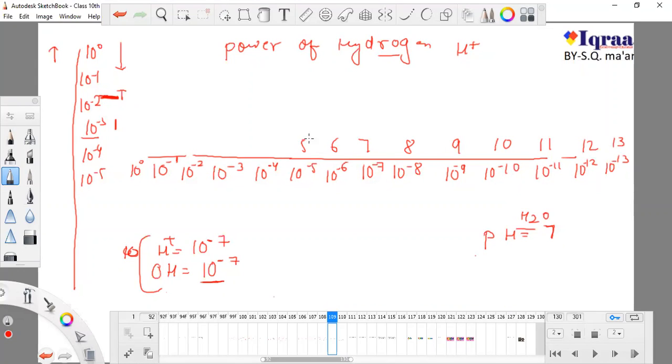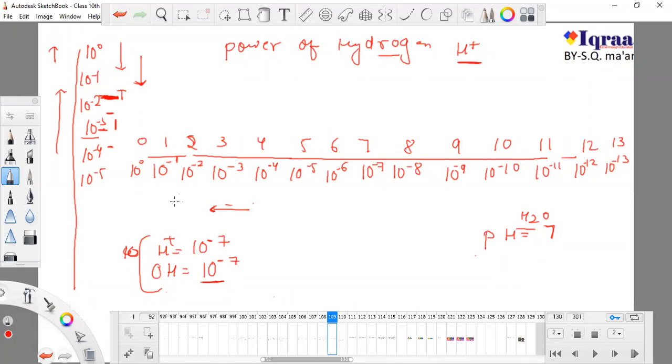As you go this side, the power will increase, and as you go this side, the power or strength will decrease, because the value of minus 2 is much more than the value of minus 3, and the value of minus 3 is much more than the value of minus 4. So this is a scale of the power of H plus.